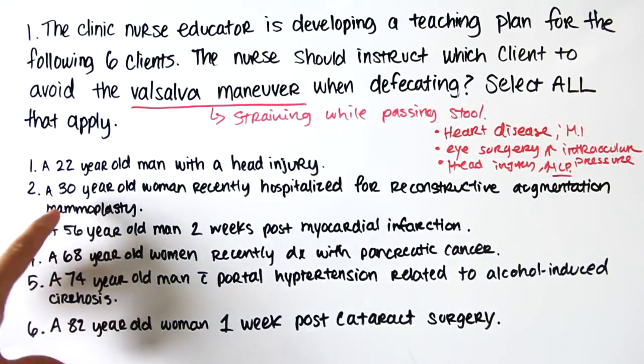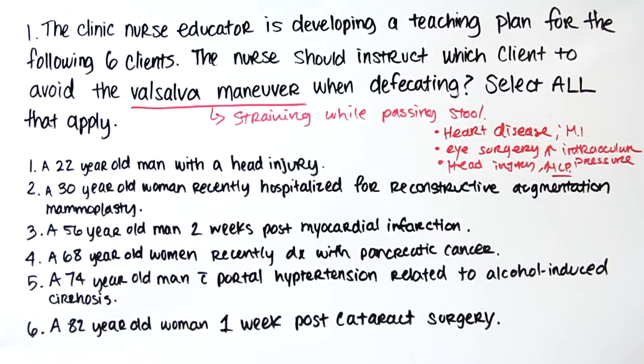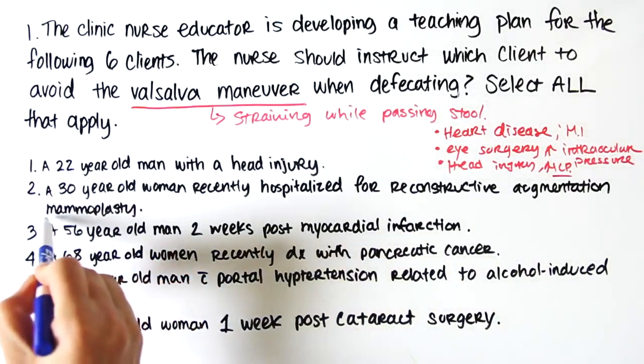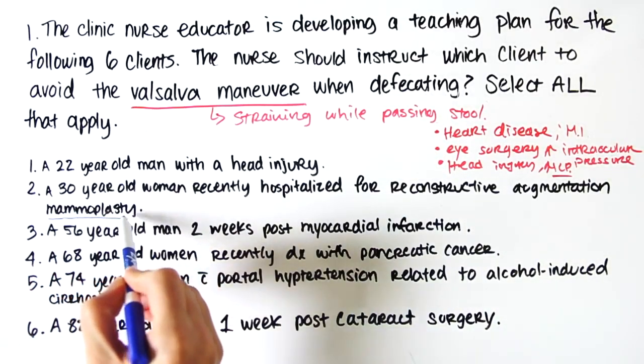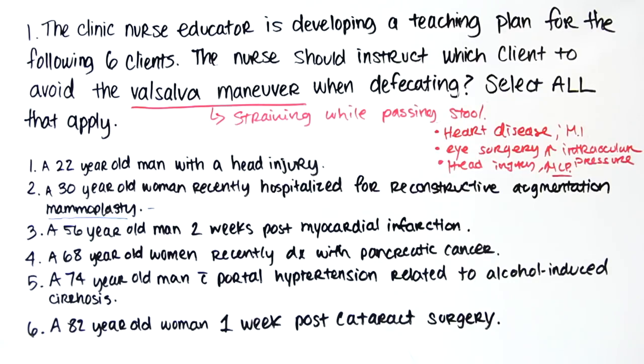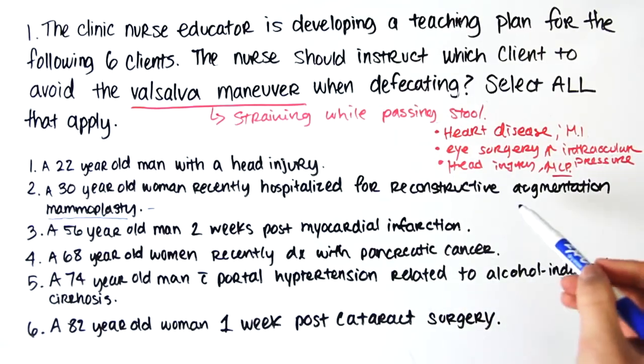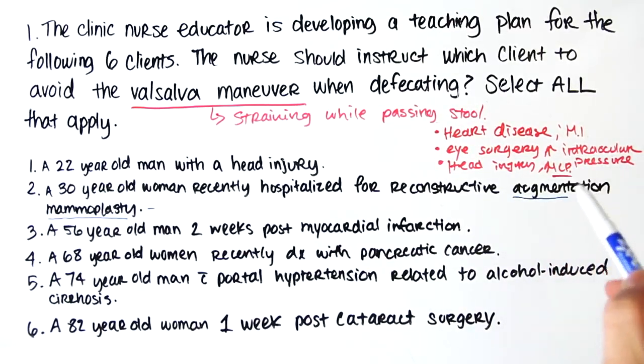Number 2, a 30-year-old woman recently hospitalized for reconstructive augmentation mammoplasty. What is this procedure exactly? So a mammoplasty, right over here, let me underline that for you guys. A mammoplasty is to change the size, shape, or position of the breast, and to augment something means to enhance or to enlarge.